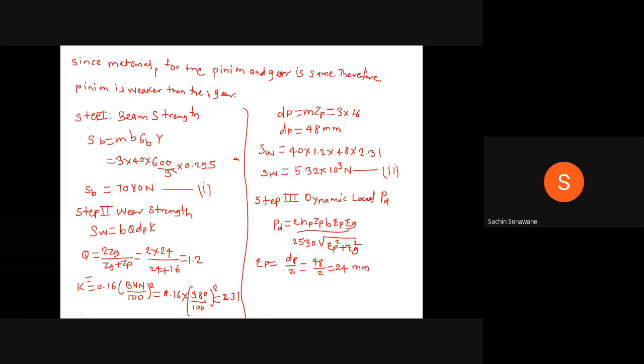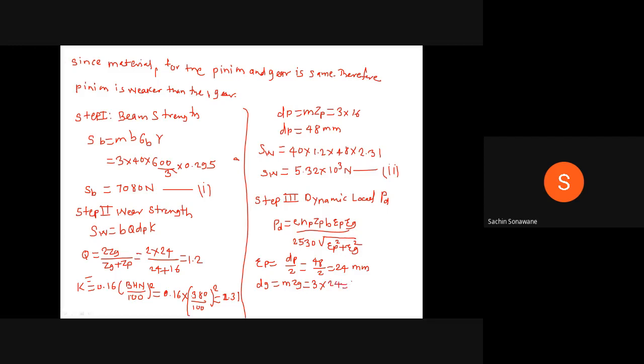Now dg. dg is equal to M into zg, which is equal to 3 into zg. What is zg? Number of teeth on gear. Number of teeth on gear is 24.